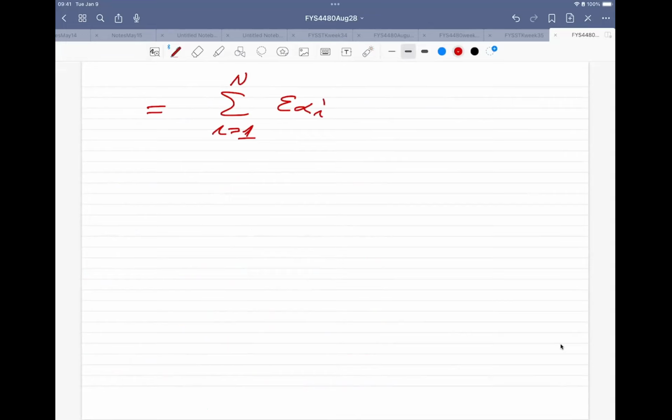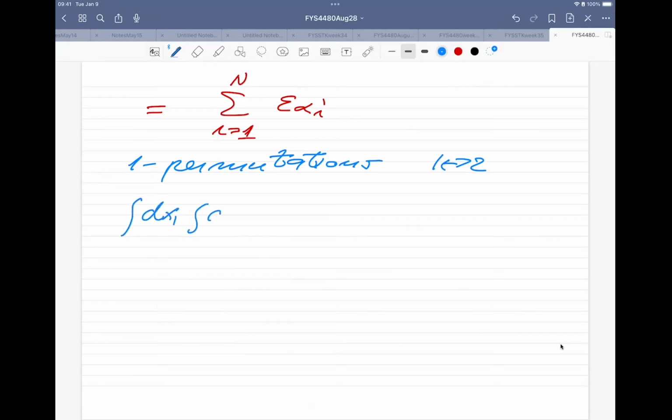Let's now look at the possible exchanges. So now we have the 0 permutations. Now we take 1 permutation. And let's suppose that we interchange column 1 and 2. So we interchange particles 1 and 2. That means that we are going to have an integral here, dx1.